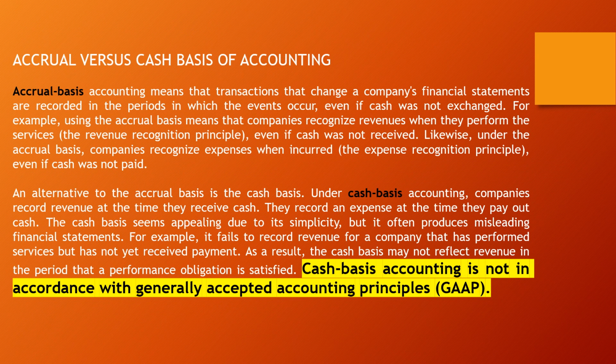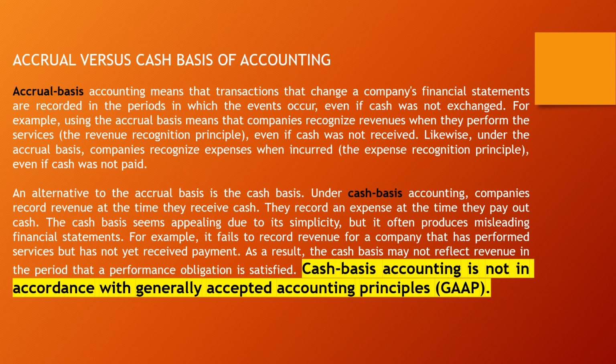So now we're looking at accrual versus cash basis of accounting, right? Just real quick, cash basis is not GAAP, so we're not going to use that, but I'll go over it anyway. Let's look at accrual first. Accrual basis accounting means that transactions that change a company's financial statements are recorded in the period in which the events occur, even if cash was not exchanged.